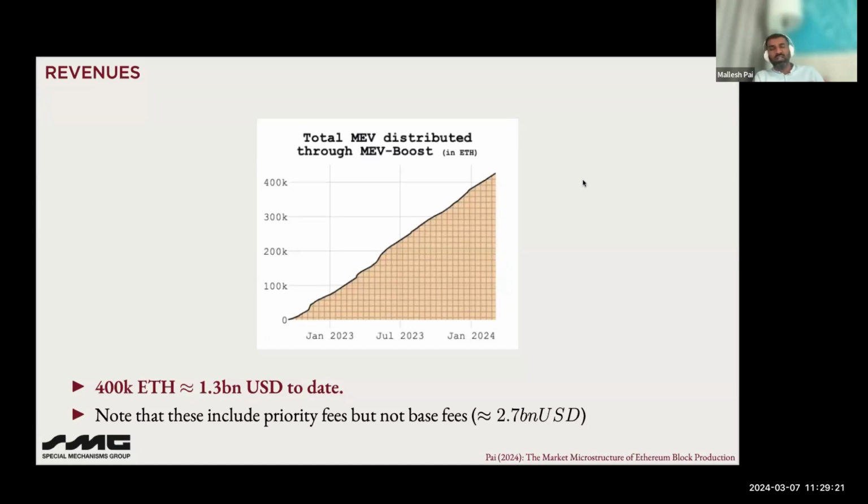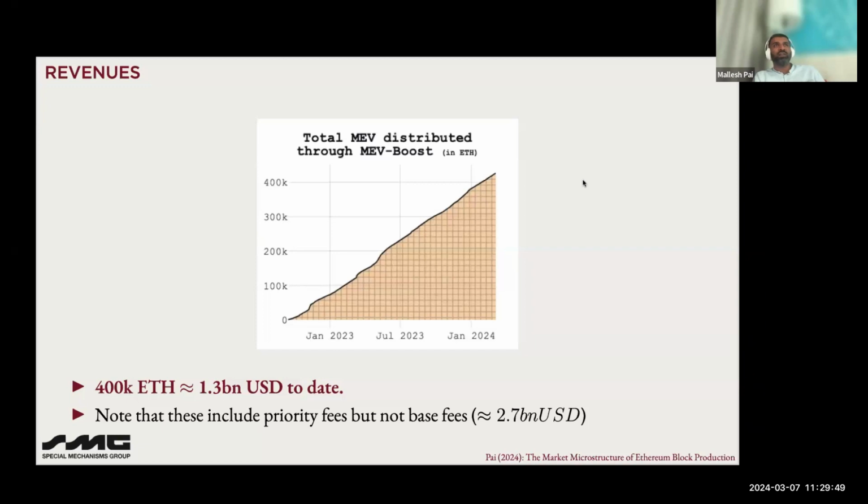So that amount of money is just destroyed, taken out of circulation. Those base fees are more substantial still. They're about twice the amount. This 1.3 billion is just the economic value that people have been willing to pay to have their preferred ordering, or their preferred transactions, be the transactions that are processed in the next block.